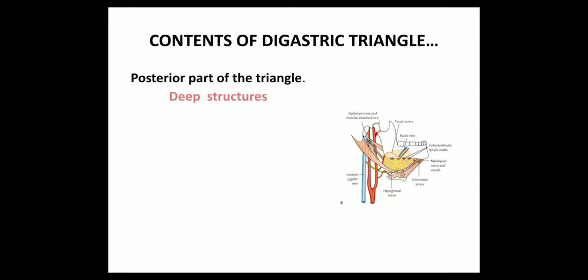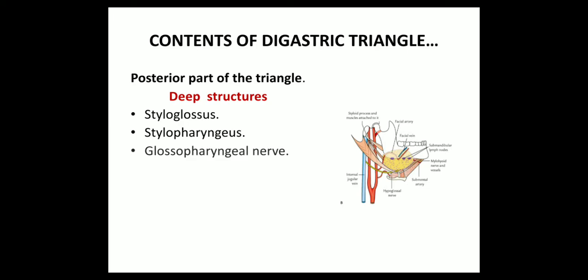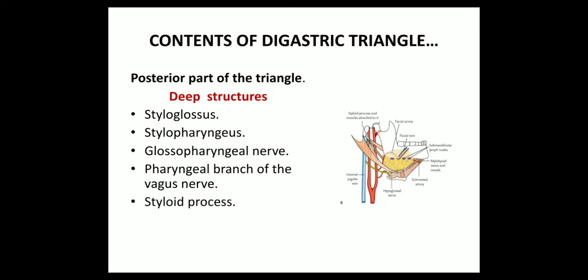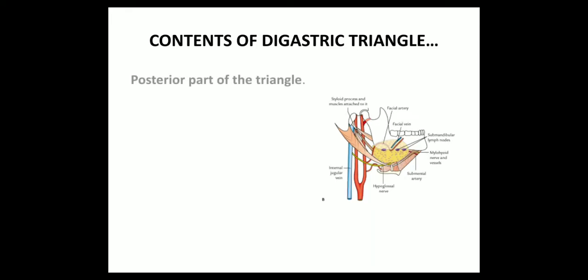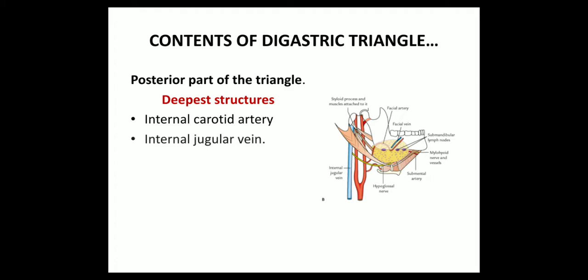The deep structures include the styloglossus, stylopharyngeus, glossopharyngeal nerve, the pharyngeal branch of the vagus nerve and the styloid process. A part of the parotid gland is also present in the deep structures. The deepest structures include the internal carotid artery, the internal jugular vein and the vagus nerve.